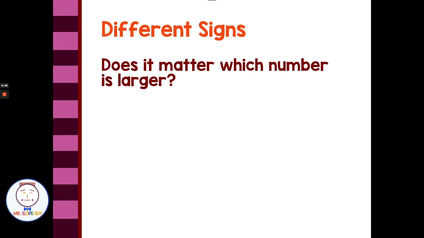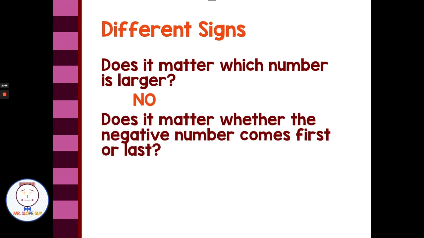Does it matter which number is larger? No, we're just looking at the signs. Does it matter whether the negative number comes first or last? No, that has no impact. For multiplying and dividing, we're just looking at the signs to see if they have the same sign, your answer is positive. If they have different signs, then your answer is negative.